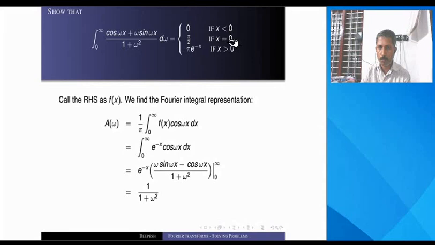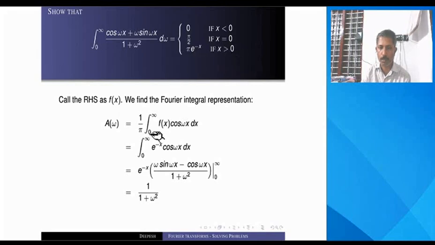And regarding x equal to 0, the integral will be from 0 to 0. So you know that the integral from a to a of any function is going to give you 0. So this point will not have any particular value for the integral, it will be just 0. So these two need not be taken, because both of them will be 0. At a point, if you evaluate an integral, the answer will always be 0. So that's why you need to take only the x greater than 0 part.